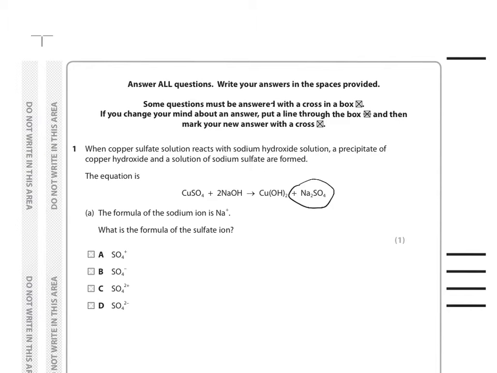So sulfate is SO4. Now, the fact that it goes around with 2 sodiums, and the question gives you sodium is Na+, that means the charge on a sulfate ion must be 2- because it goes around with 2 positive charges. So the answer is D, SO4 2-.